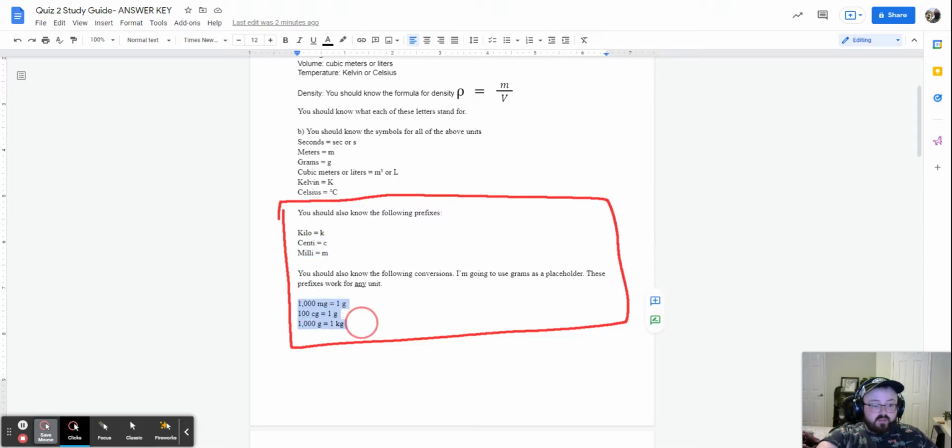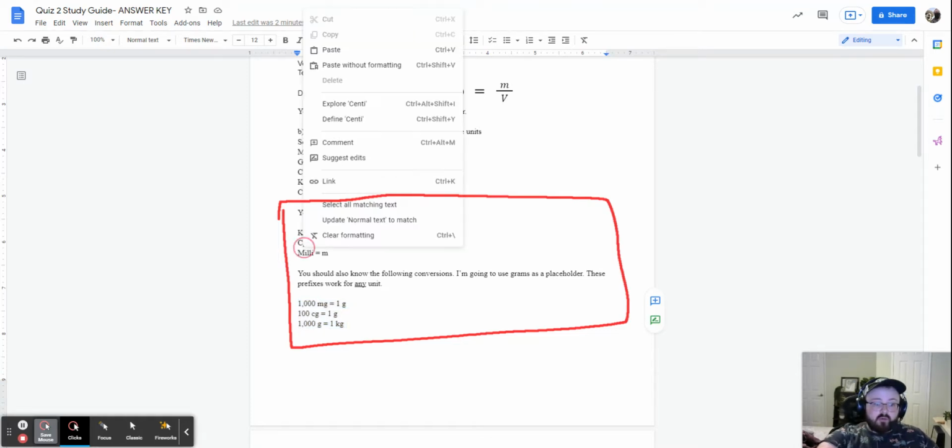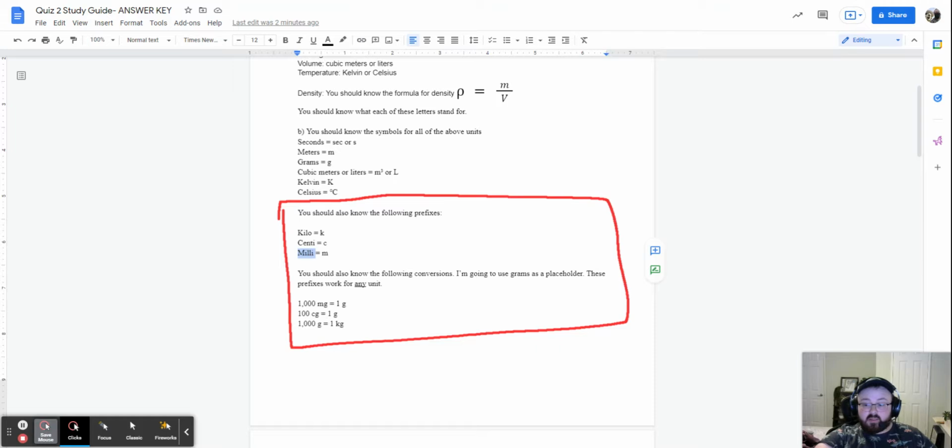And these are the conversion factors here, right? So 1,000 milligrams equals 1 gram. If you think of words like millennium, that's 1,000 years. In Spanish, un mil is 1,000. That's the Latin root where it comes from, Spanish being a romance language. Same with centi: in Spanish, ciento is 100. That's where we get the term century from.